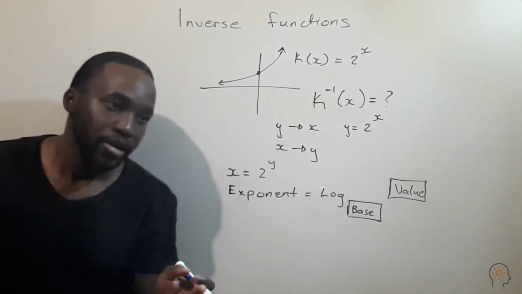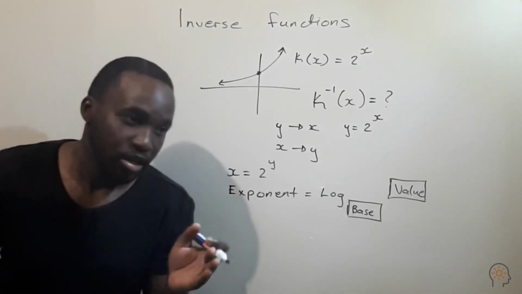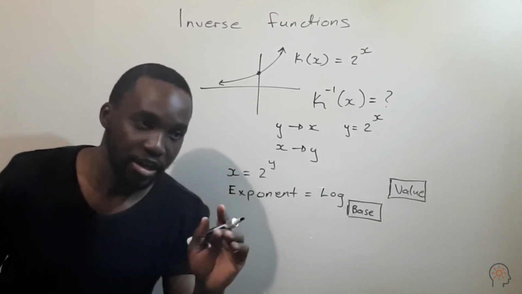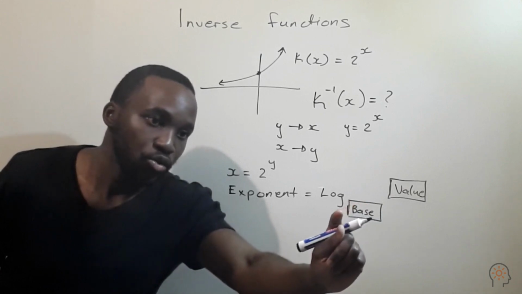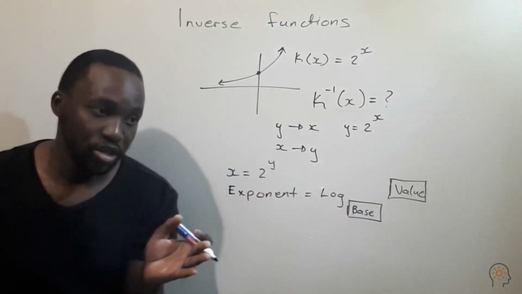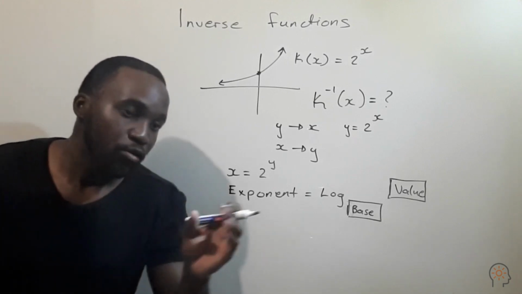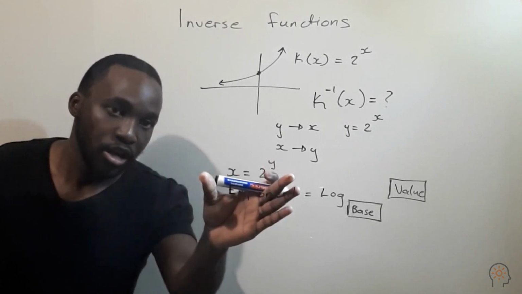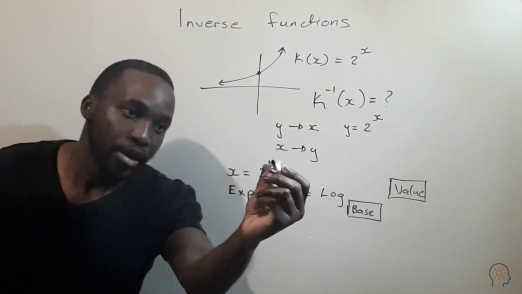So what you want to keep in mind is if you check on your calculator, right before the on button, you have a log button there, which has 2 slots open. So that's what you're going to be using from now on. You're going to use that quite often. But before we jump into that, firstly, when we go from this scenario to a scenario where y is on its own, remember y is our exponent, right?